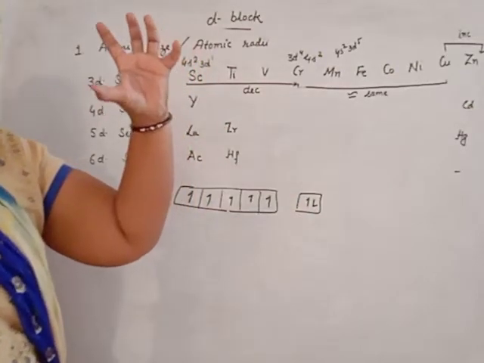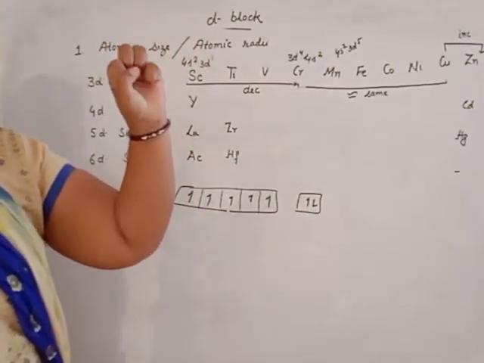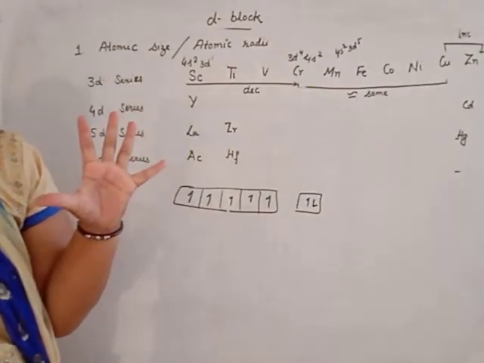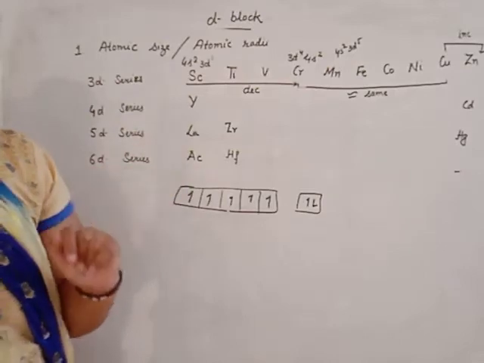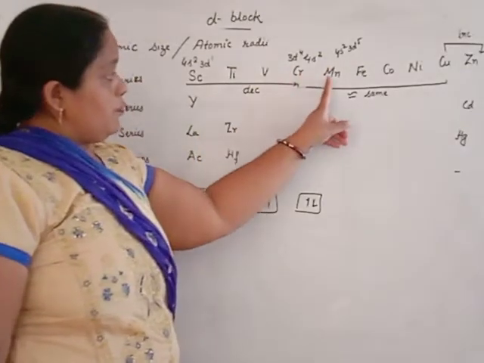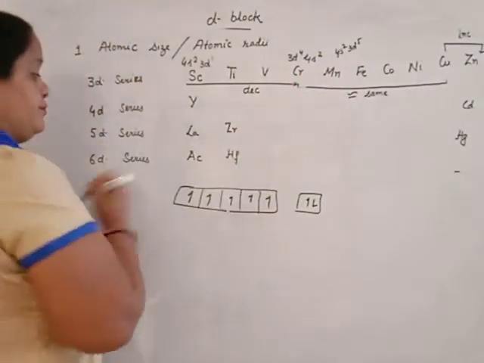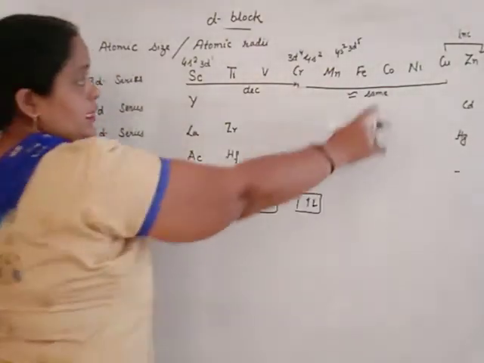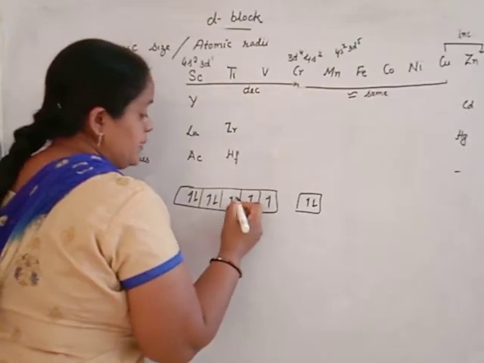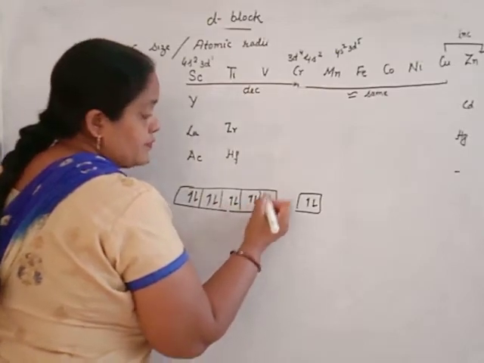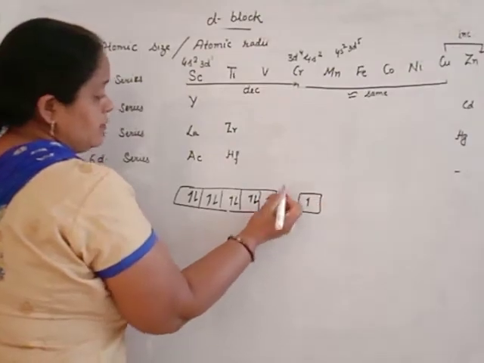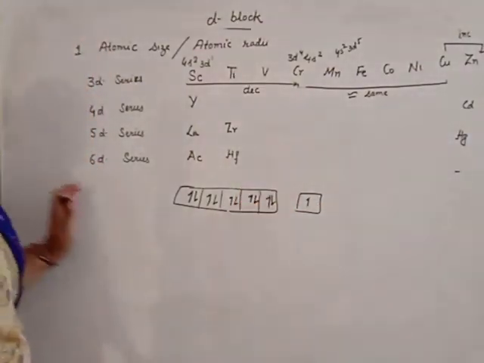Nuclear charge tries to decrease the size, but repulsion tries to increase the size, resulting in them cancelling the effect of each other. When we move from manganese to iron, more repulsion will increase. The same in cobalt, nickel, and copper.